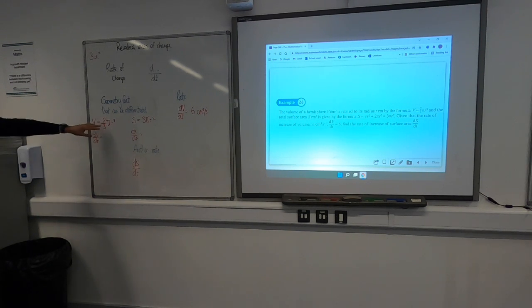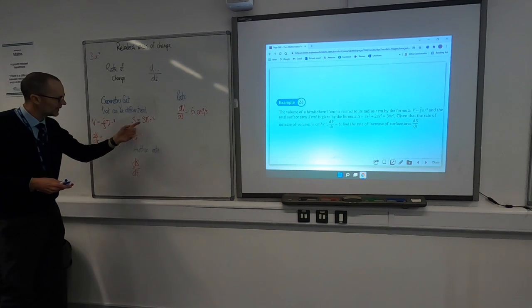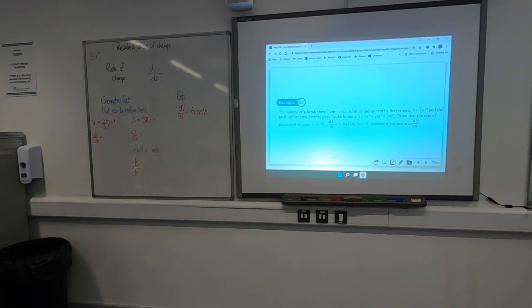So this is just like something x cubed. I'm going to multiply by the power, reduce the power by 1. This is just like something x squared, multiply by the power, reduce the power by 1. Pi is just a constant in there.